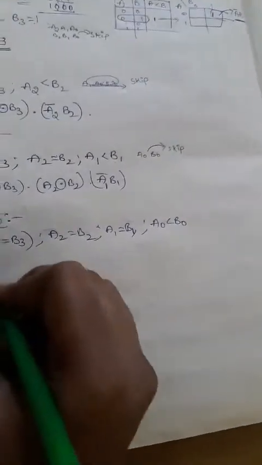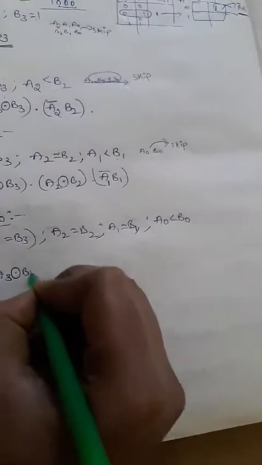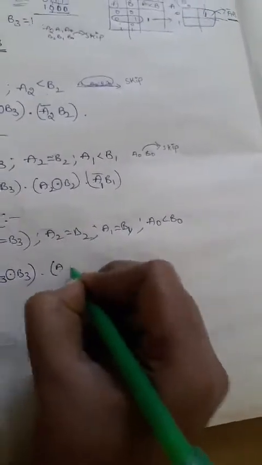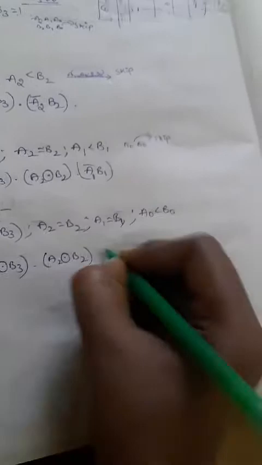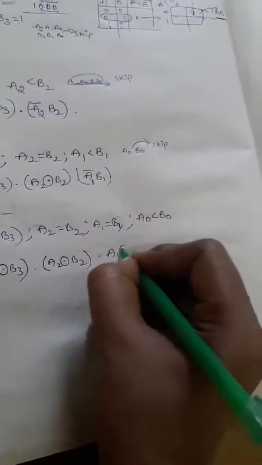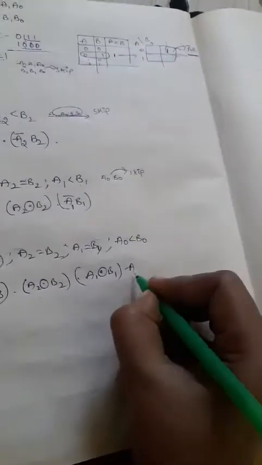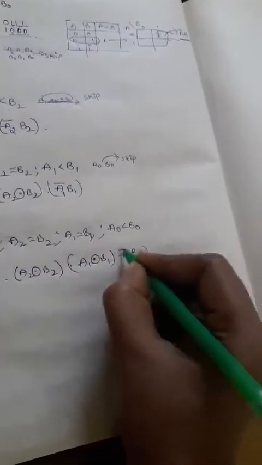So for the equal condition, what is the output here? XNOR output: A3 XNOR B3 into A2 XNOR B2 into A1 XNOR B1, and what is the less than output? A complement B, so A naught complement B naught.